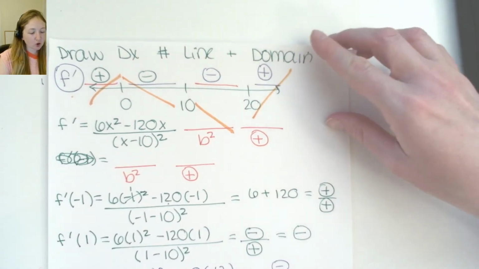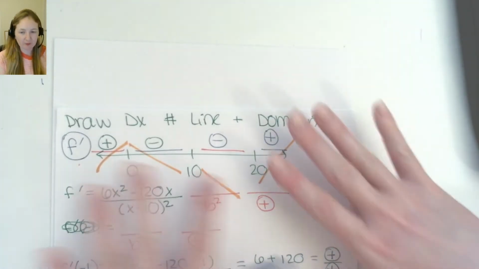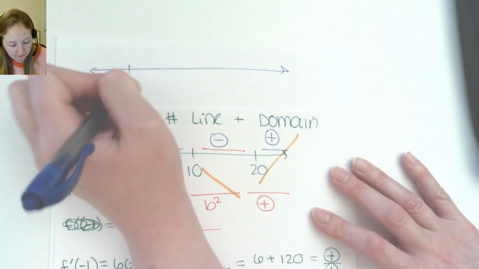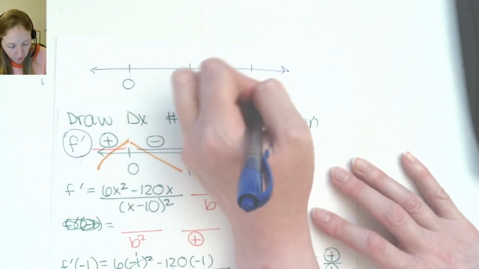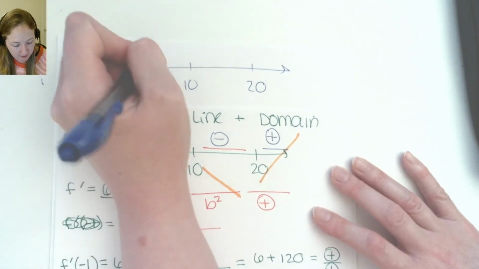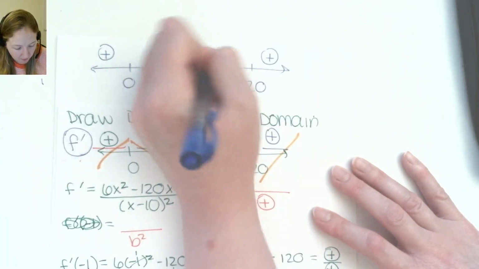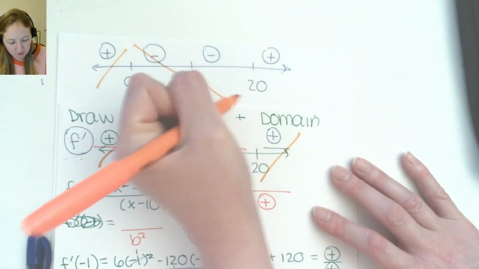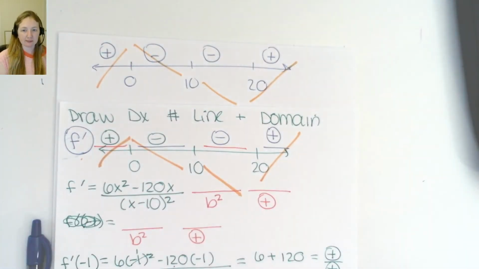So just as a quick note here, I know my number line looks kind of messy. I want to quickly rewrite it. I have 0, I have 10, and I have 20. I had a positive, negative, negative, positive. What I would say is that it's increasing, decreasing, decreasing, and then increasing.